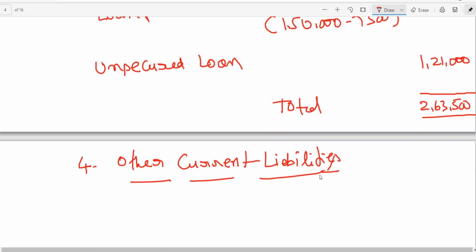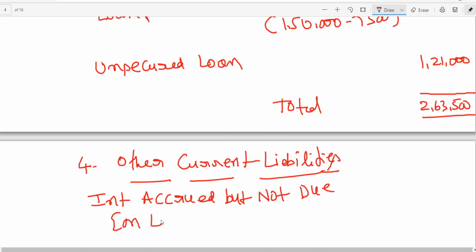In other current liabilities, interest accrued on loan from State Finance Corporation, 7,500.